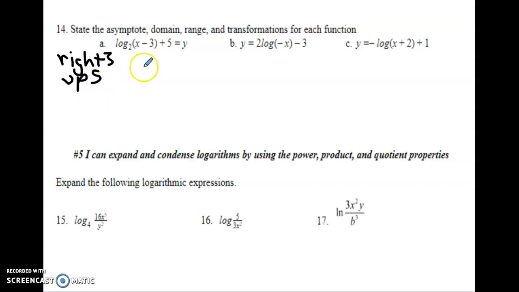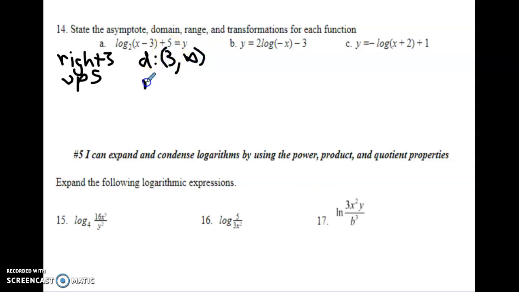Now when we look at the domain and range, the domain of a log function, if it were the parent function, just log base 2 of x, then the domain would go from 0 to infinity, but where this has been shifted right 3 units, now the domain goes from 3 to infinity.